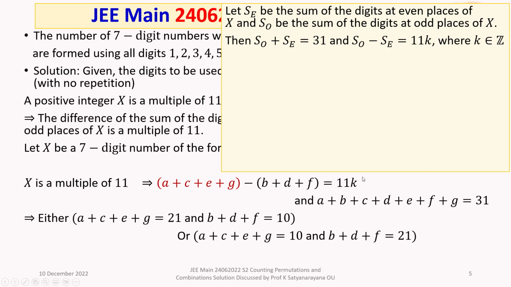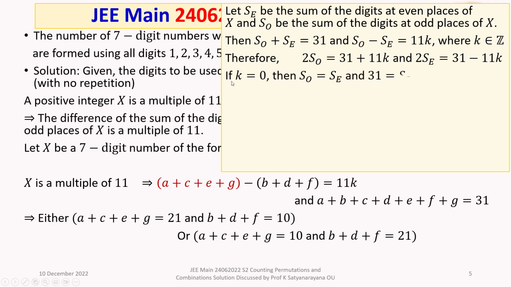From these two you have to get these either-or conditions. Therefore, if you add them, 2 times SO is equal to 31 plus 11k, and if you subtract, then you will get 2 times SE is equal to 31 minus 11k.